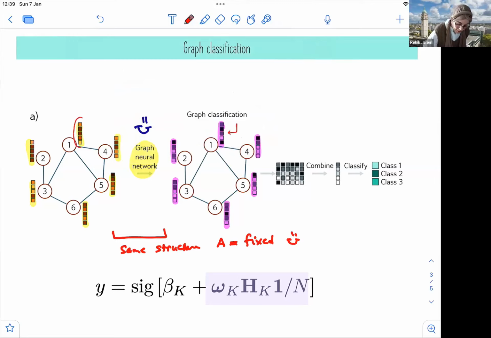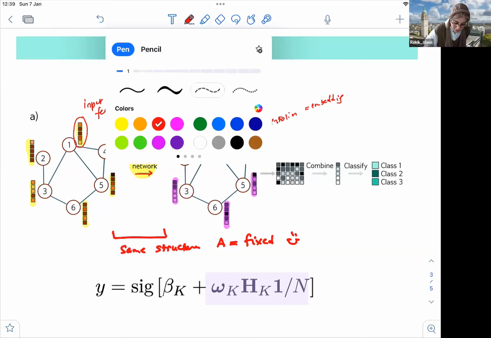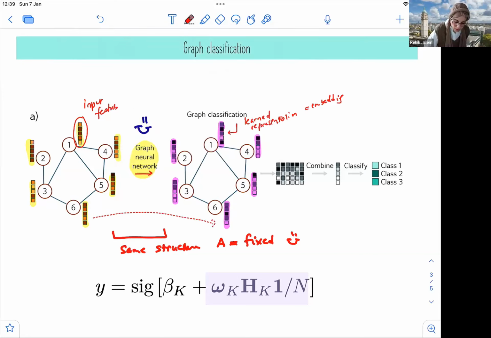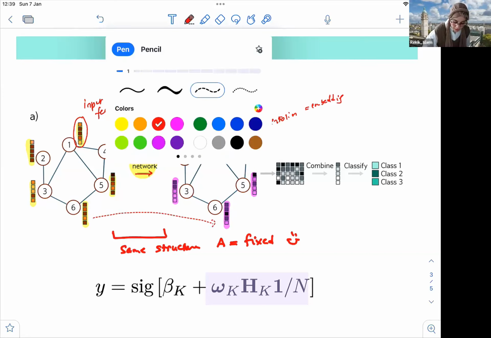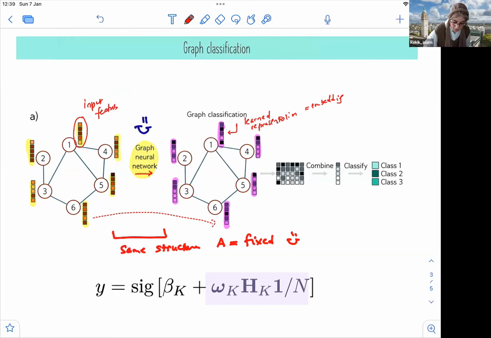We are taking the input features and learning a new representation, also called an embedding. We will study this in detail, but for now, just keep in mind that through this graph neural network, I'm mapping this into a new representation, through the mapping function that we're learning. Let's call it W, for example.